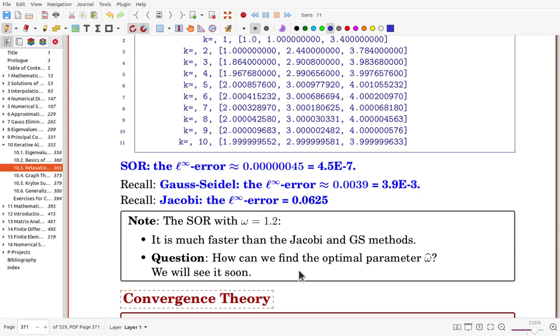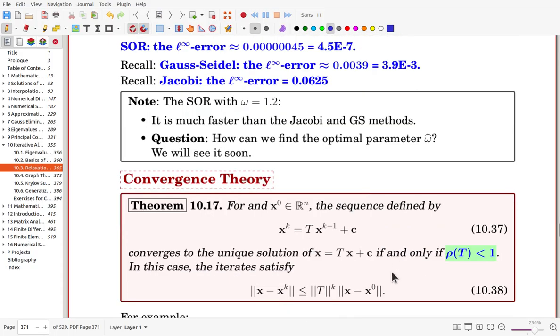In this example, we used omega 1.2. Anyway, it is way faster than Jacobi and Gauss-Seidel. The question is, how can we find the optimal parameter omega hat? We'll see it soon.